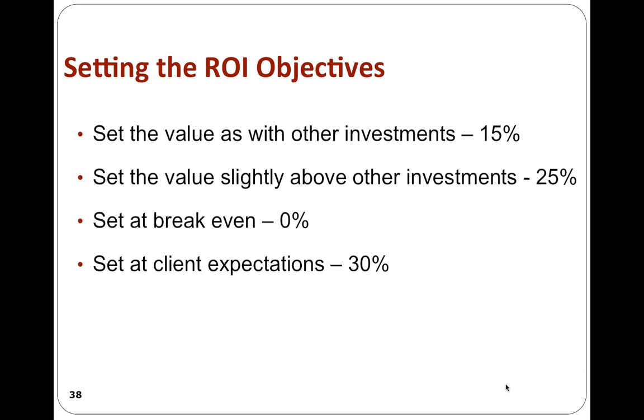Most people will select the first 1, 2, or 3. If they're ready to explain it to the finance and accounting, they may go to the first one and say, should we set this the same as a capital expenditure? If they're uncomfortable with that, they might push it up to a little higher standard. When they do this normally, they're going to go to the 3rd one, and that's let the client set the expectation. We go to the next slide.